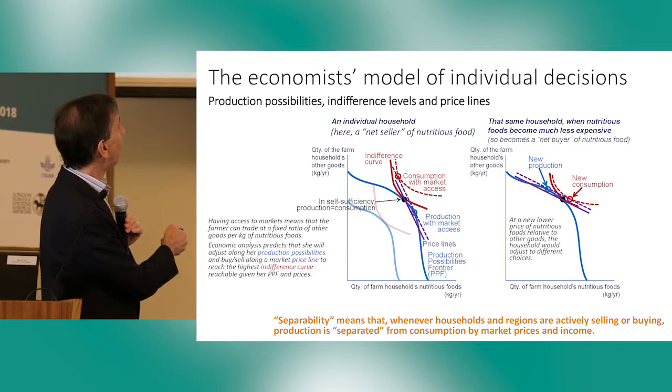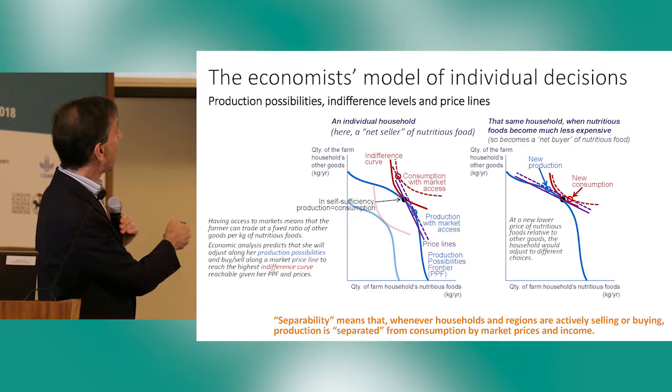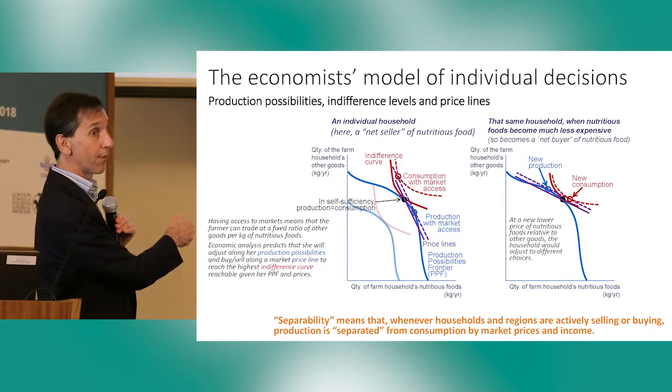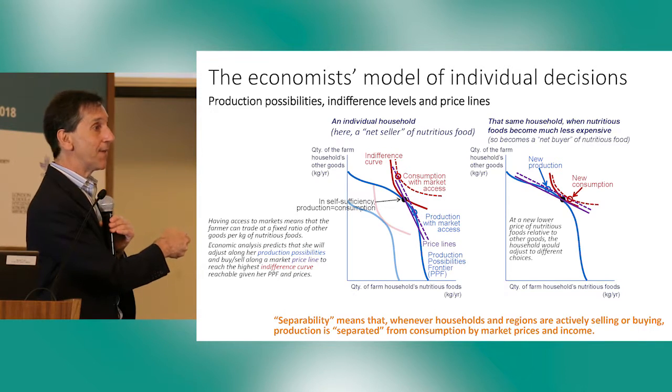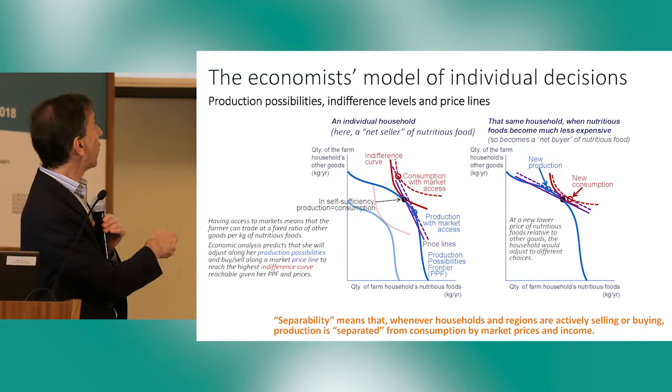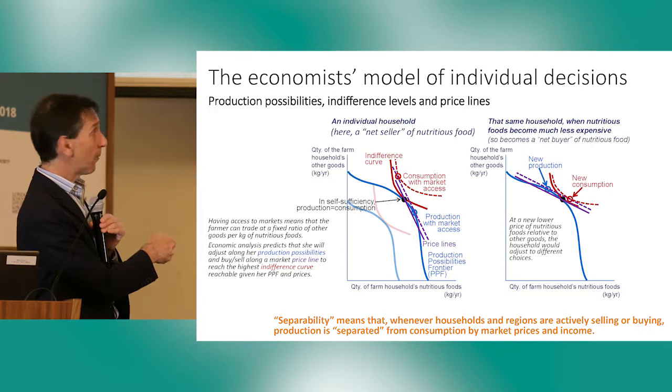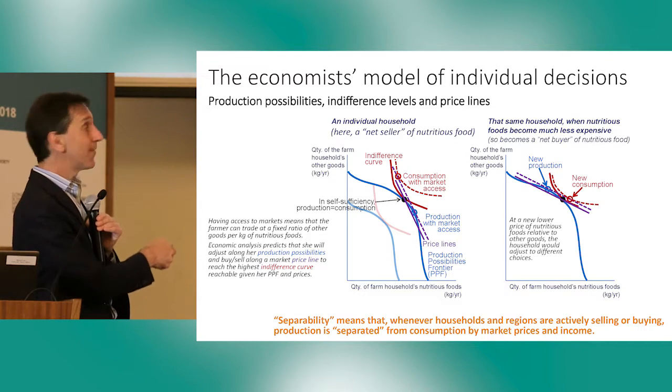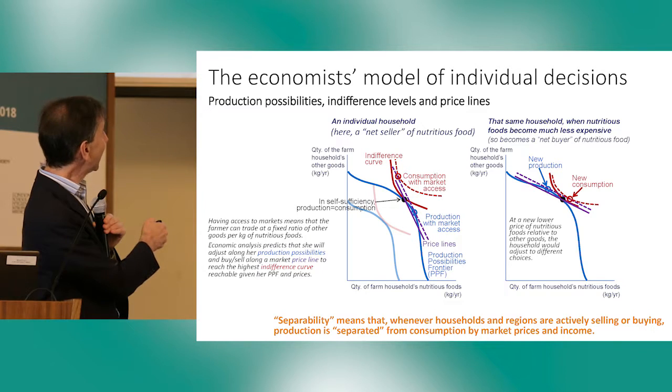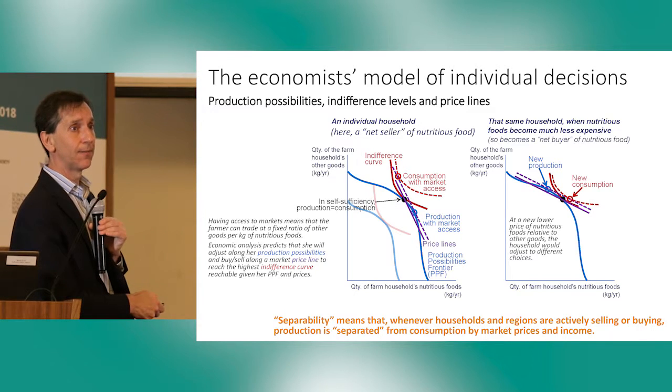So a household that really likes nutritious foods could have a red dashed curve that's here, where they produce more of this, but they consume more of both. Can you see that you could achieve consumption of more of both right there? So the economist's model of individual choice is one in which we explain their production and consumption with this kind of diagram. And in this case, it's a household that's a net seller.